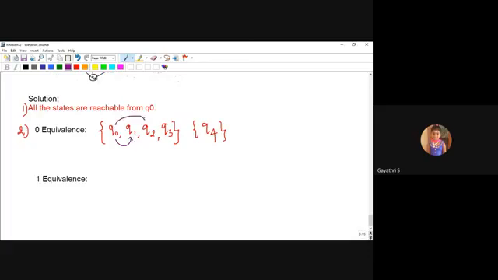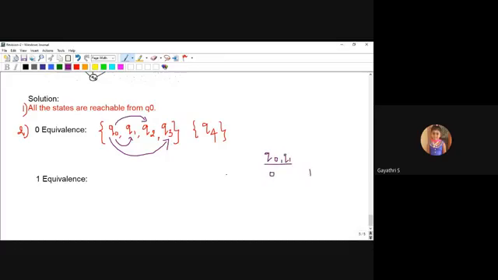First I will take the pair Q0, Q1. What about the transition on 0? What about the transition on 1?